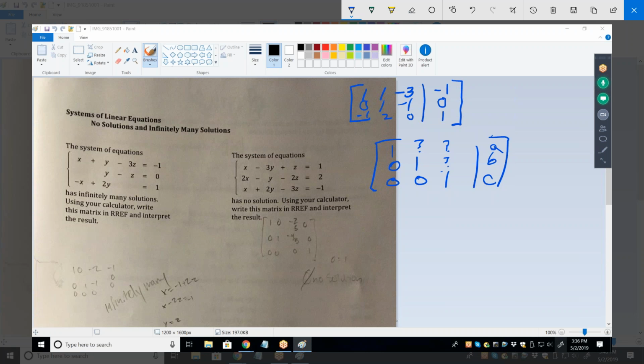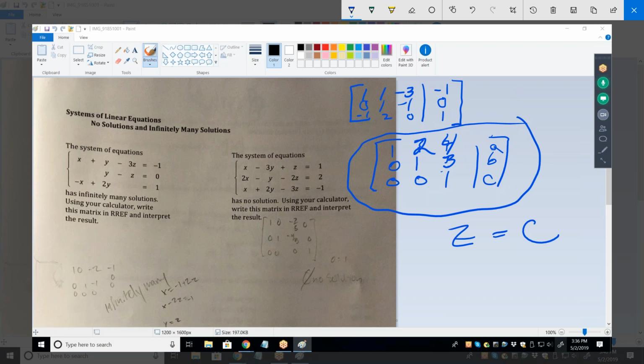In other words, let's put some numbers there. Let's put a 2 there, and a 3 there, and a 4 there. It's extremely valuable to get it to look like that, because the solution z equals c is obvious. And now I know that 1y plus 3z equals b, so as long as I have a number in place of b, I can solve for y quite easily.